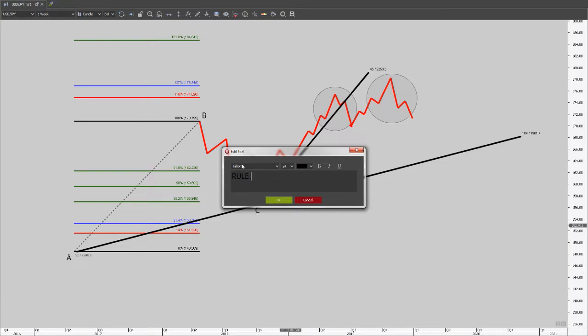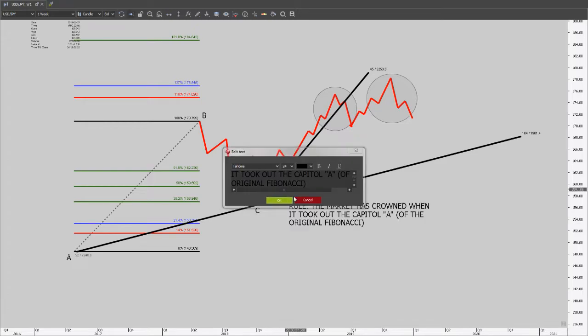Rule: the market has crowned when it took out the capital A, and if you want, of the original Fibonacci.